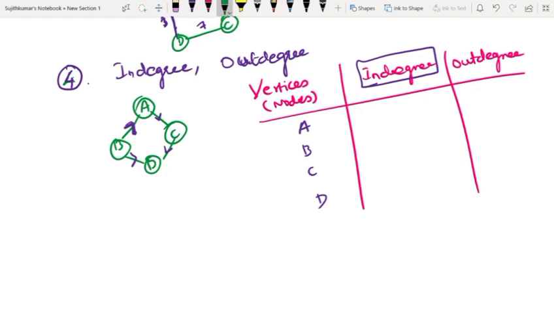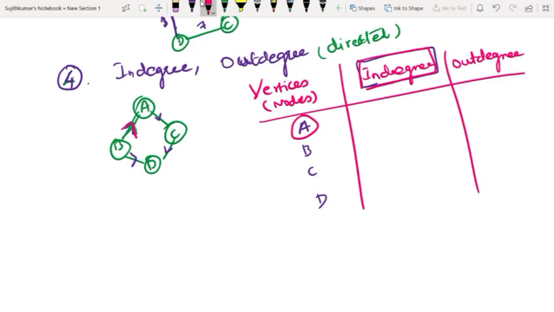I told you it will work only for directed graphs. For undirected graphs you can also write it, but it doesn't matter. The in degree is the number of edges that are incident on a particular vertex. I'm talking about A here.